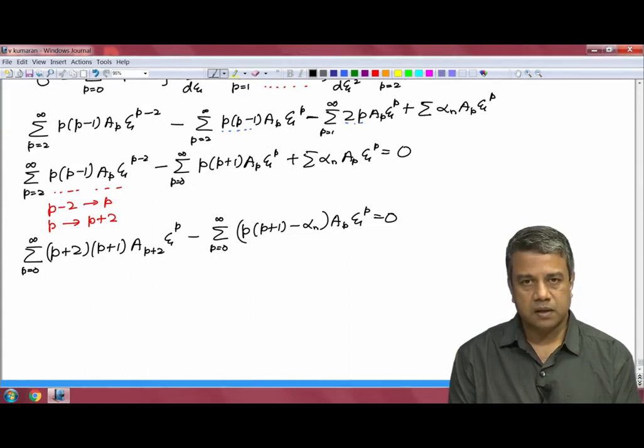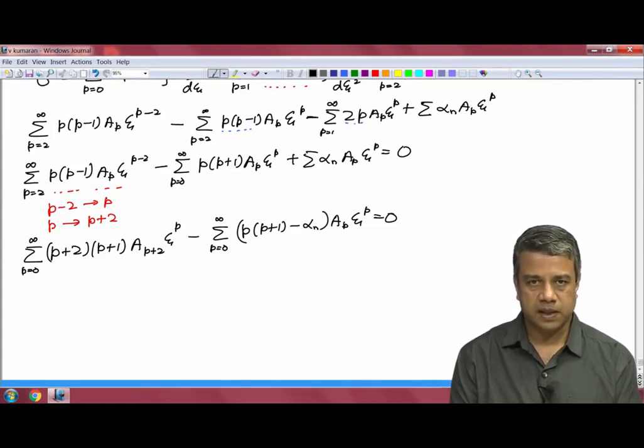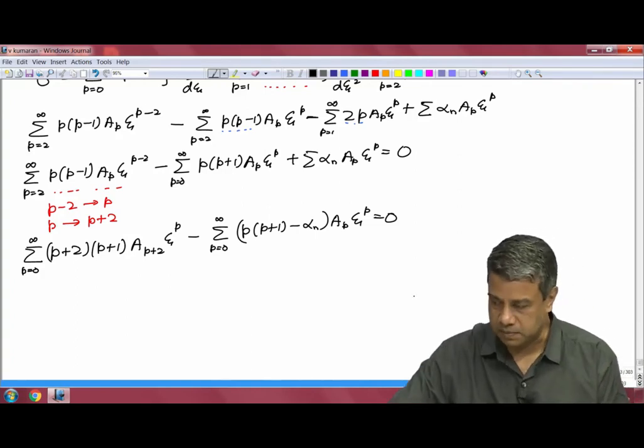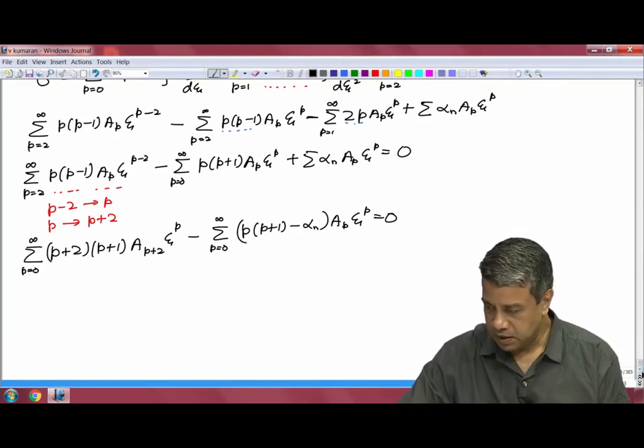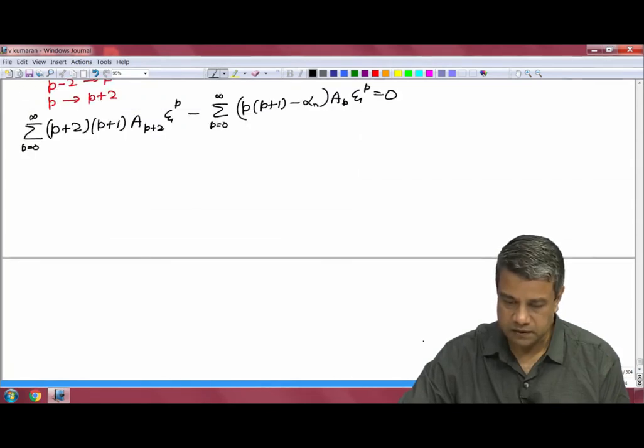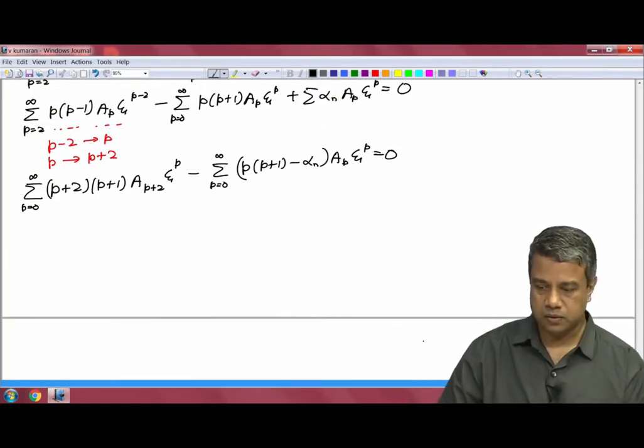Now, if I equate coefficients of equal powers of psi power p, I get a relation which effectively relates a p plus 2 to a p.